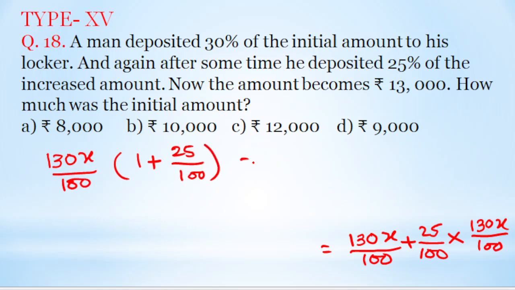So that is equal to 130x by 100 into 125 by 100.